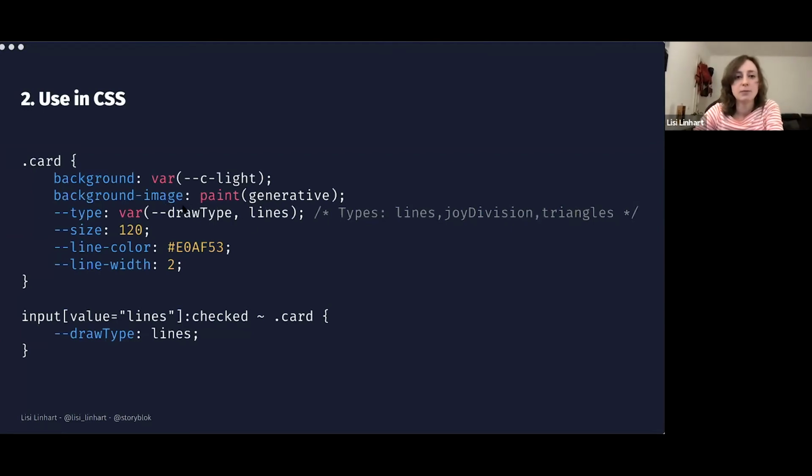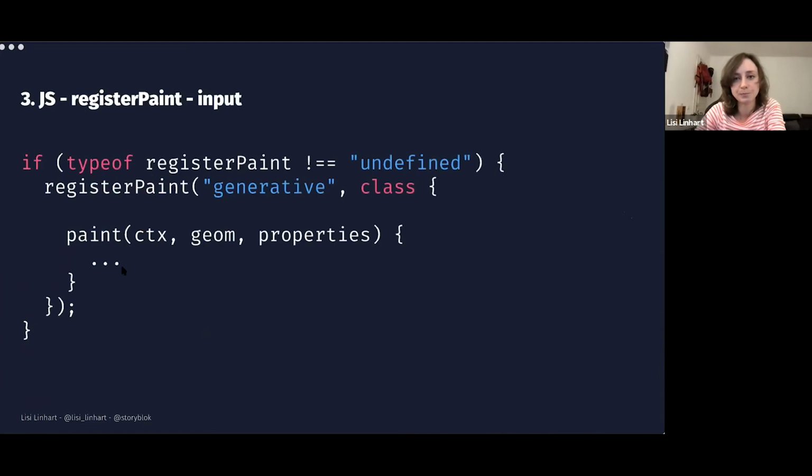And this type is determined by radio buttons that just change depending on which button you click. Then I have a size, so bigger or smaller, depending if I want to draw lots of triangles or only a few triangles. We can change the color, and we can also change the width of the lines. And if you open the CodePen, you can play around with these and see the effect of what happens.